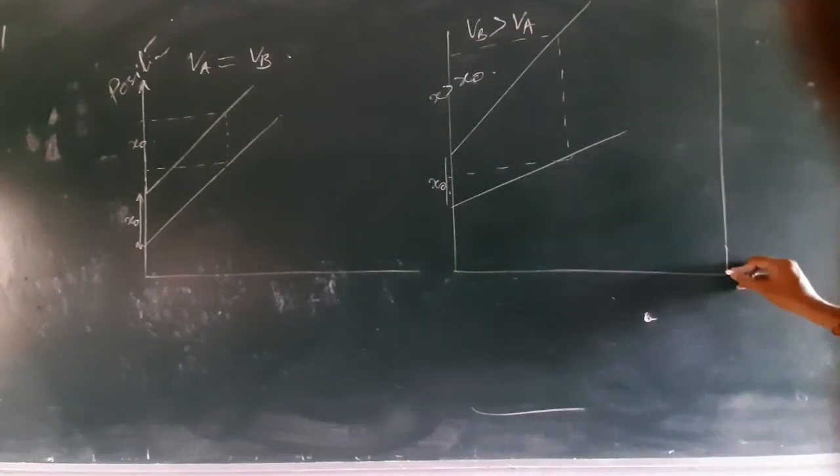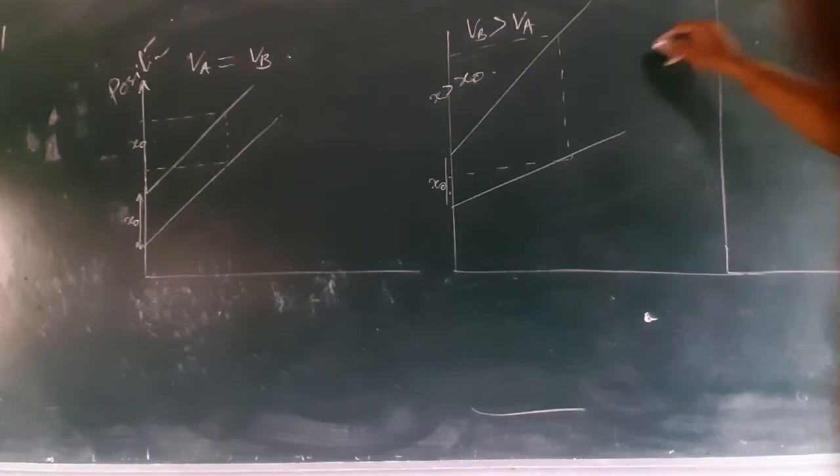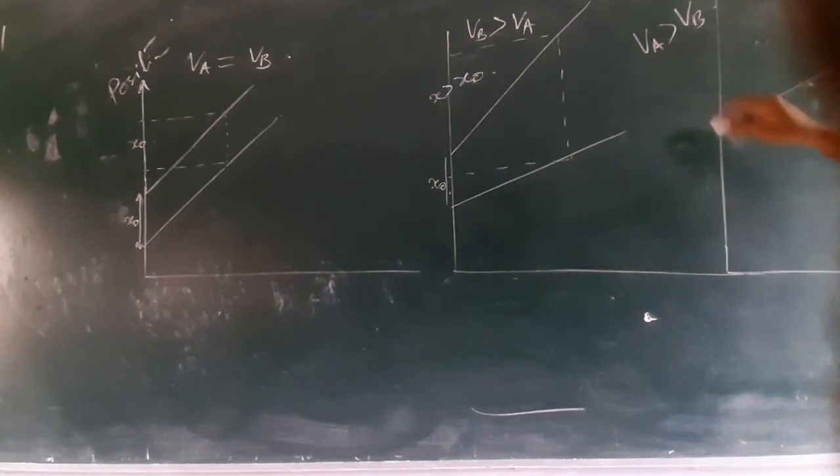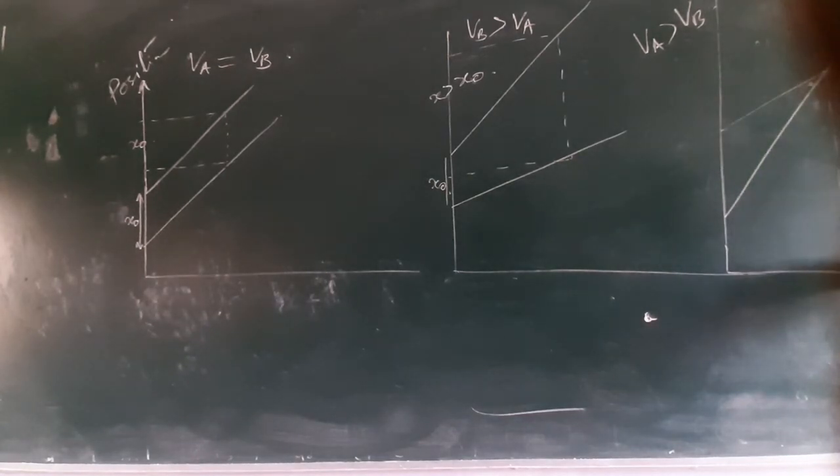Now, if the velocity of A is more than the velocity of B, VA is more than VB, it means the slope of the position-time graph for A will be more than the slope of B. What will happen? A will overtake object B at this time. Means this is the time of overtaking.